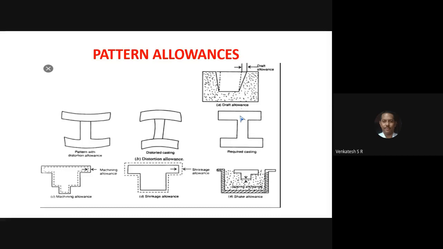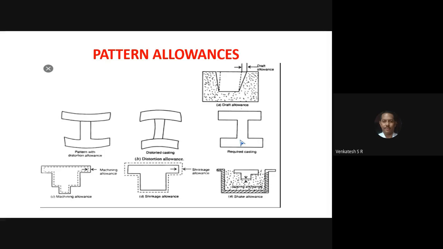If you provide the distortion allowance like this, for the requirement of a straight line on the casting's I-section, you provide a little bit of waviness or curved shape, convex or concave shape on the I-section, which compensates the distortion of the mold cavity. That can be used while producing the I-section of castings.